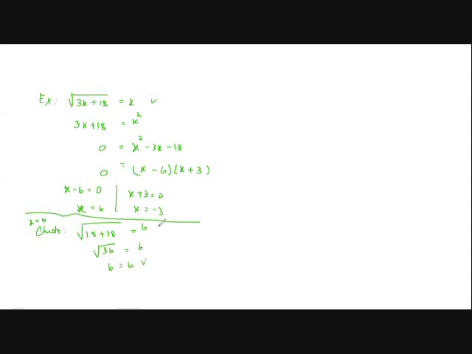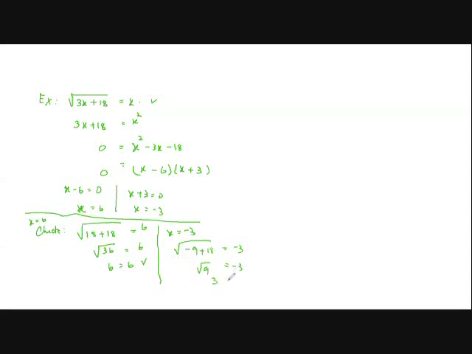Okay. So now if you check when x equals negative 3, replace negative 3 here and here. So you have what? 3 times negative 3 becomes negative 9, plus 18, equal to negative 3. So 18 minus 9, what do we have? 9, right? So the square root of 9 equals 3, and this side is negative 3.